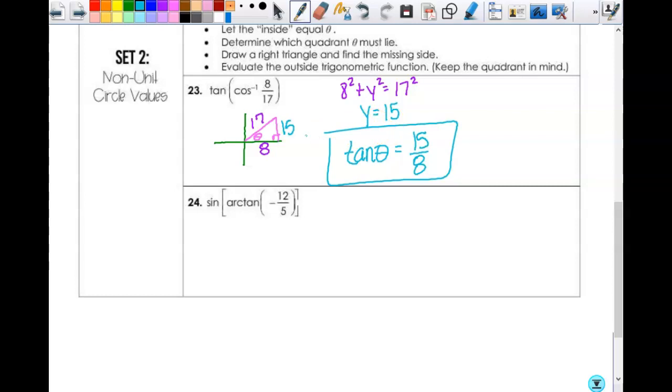All right, so then I want the sine of the arctangent of negative 12/5. So that means this creates some sort of angle and something I can go and draw in. This is tangent and it's negative. What quadrant am I in? 4. Okay. All right, so here's my theta. Tangent is opposite over adjacent, so this is 12, this is 5, and this has to be the negative.